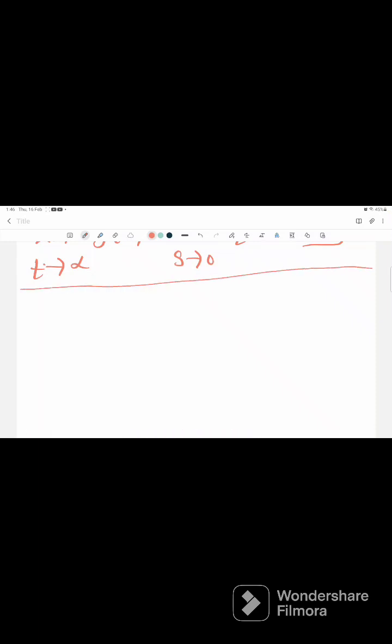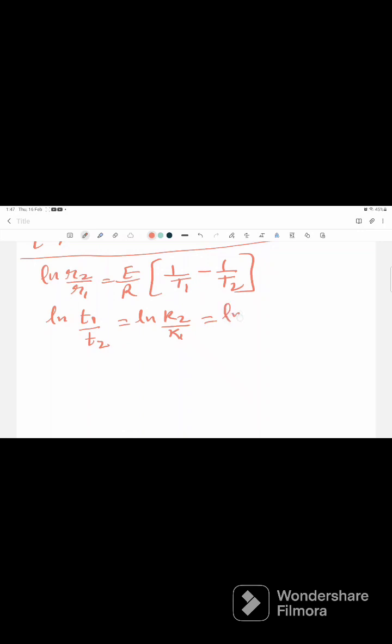So further, we know the formula ln K2 by K1 is equal to E by R times 1 by T1 minus 1 by T2. ln K2 by K1 is equal to ln R2 by R1, all equal to this formula.